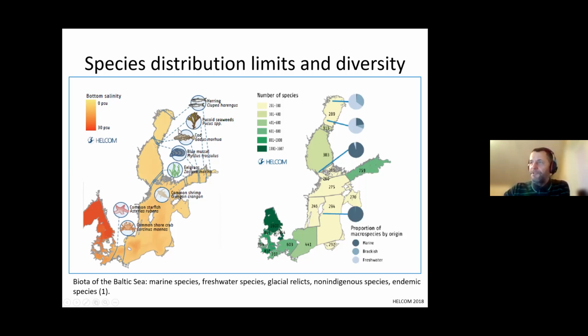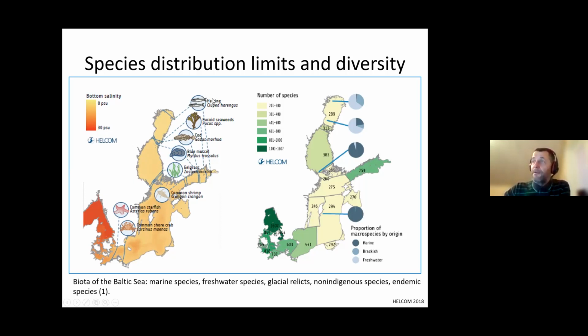For instance, cod can theoretically be found also in some northernmost areas, but in reality the cod population is in such bad condition that cod only occurs in the southern Baltic Sea.